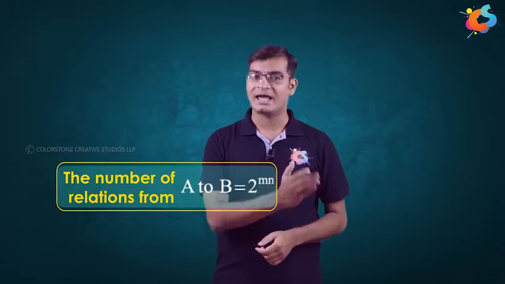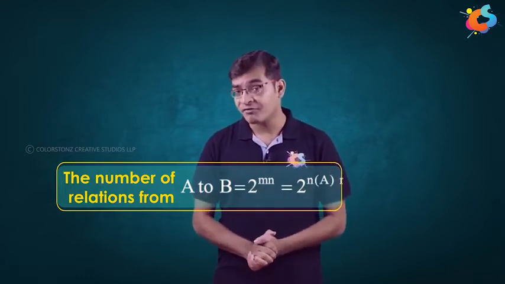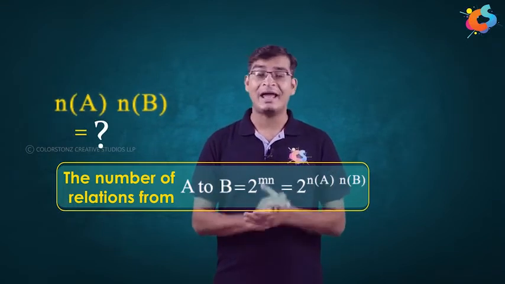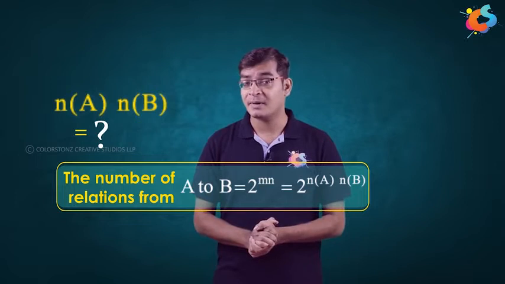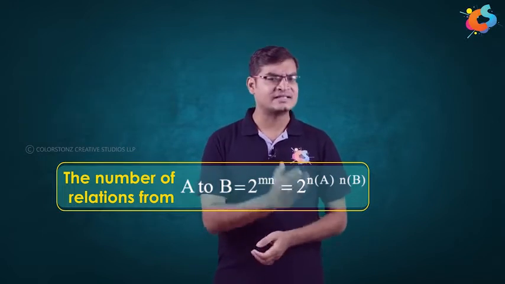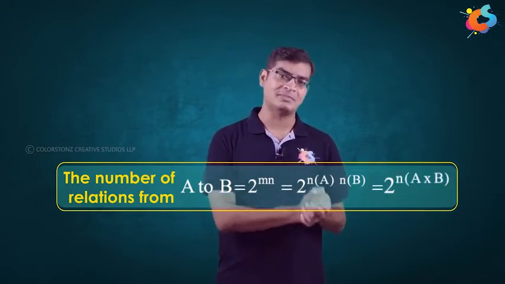So therefore, the number of relations that can be defined from A to B is equal to 2 power mn. The same thing can be written as 2 power n of A into n of B. What is n of A into n of B? That is nothing but n of A cross B. So therefore, the same thing can be written as 2 power n of A cross B.